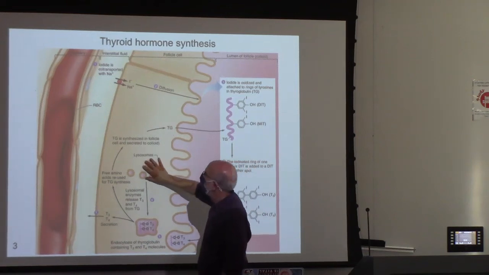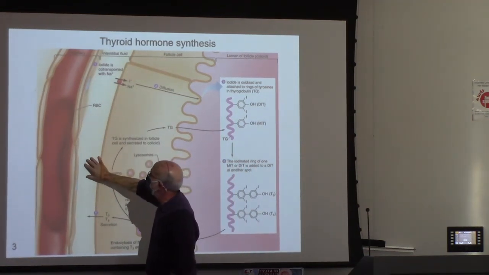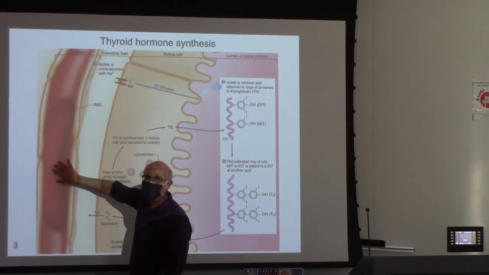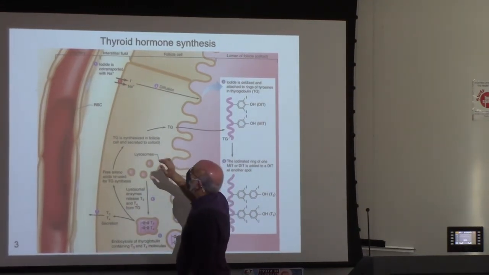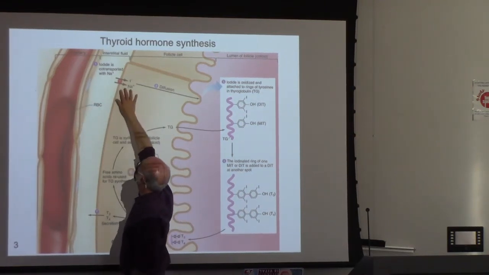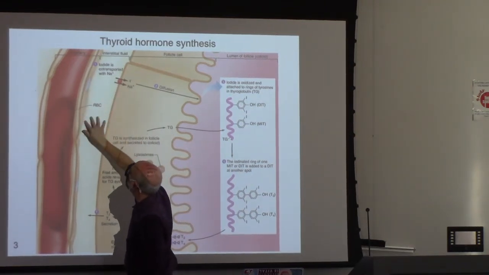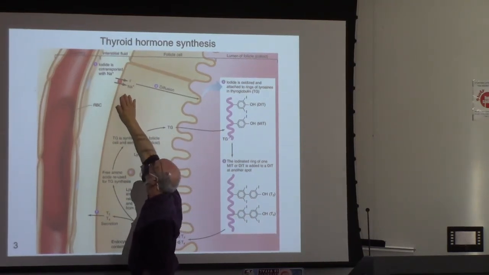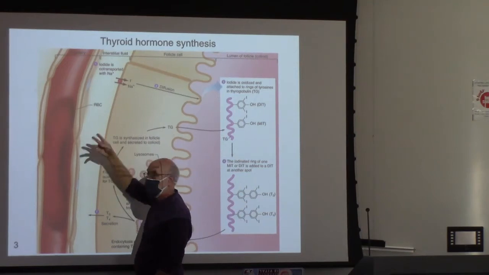Cells, extracellular space, cells, endothelial cells, blood. Iodide is co-transported from the blood, and so it diffuses and then is pumped by a sodium-dependent iodide co-transporter.